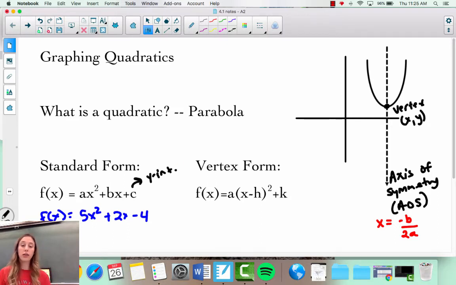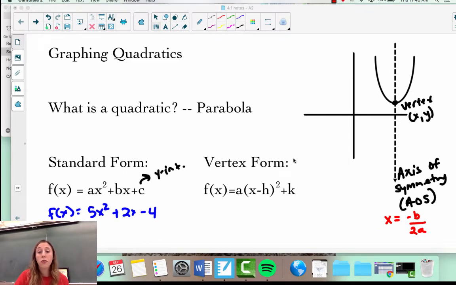That's really nice because you can identify that point right away without doing any work. The vertex form we're going to get to later in the notes. This form should seem somewhat familiar because we used it when we were doing transformations of graphs back in Unit 1. And we will go through that form in a later slide. But now we're just going to get into the first example in standard form.